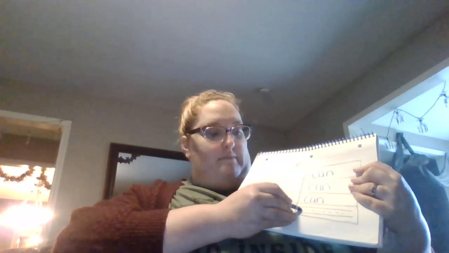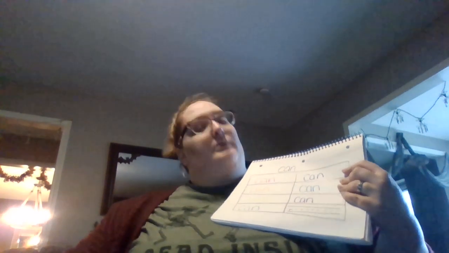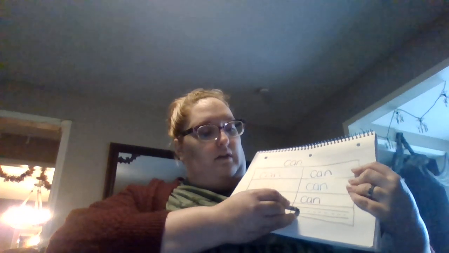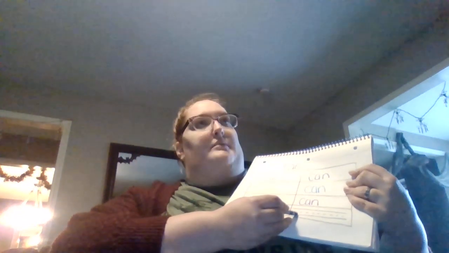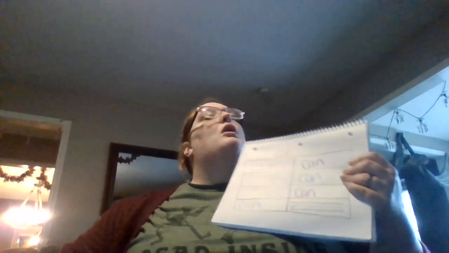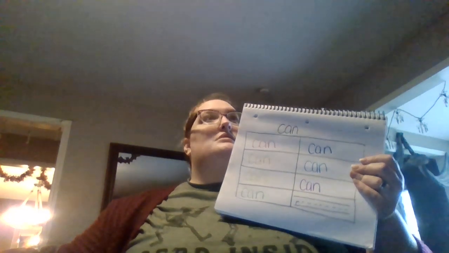It touches that middle line. Does it go all the way to the top? No, because it's a lowercase letter. So we take our C, we hit that middle line, and then we bring it all the way down to touch the bottom line. We want to use all of that space that our bottom section gives us.